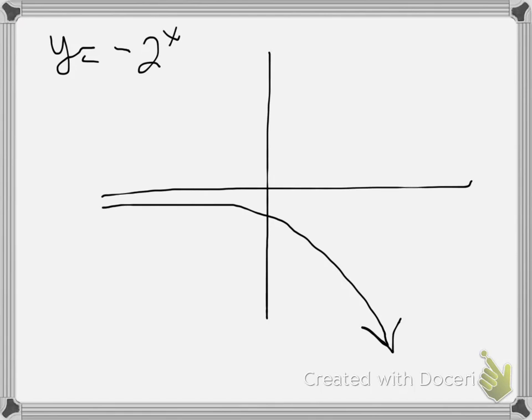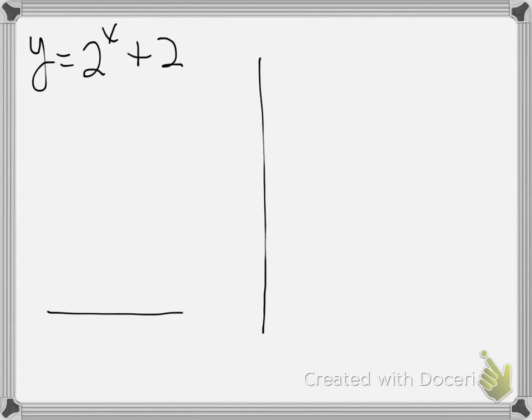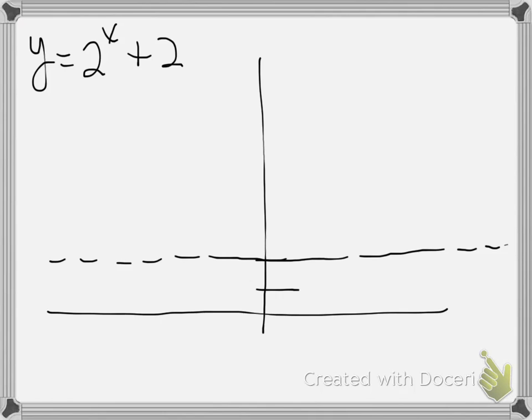Now, likewise, if I had y equals 2 to the x plus 2, I know that my graph is going to be shifted up 2. In other words, 2 would become my new horizontal asymptote, and it would look just like that.